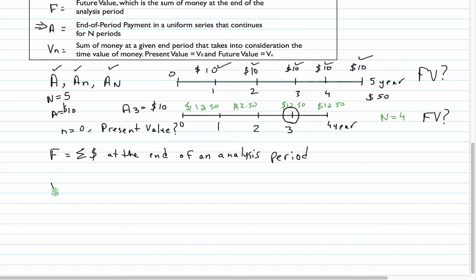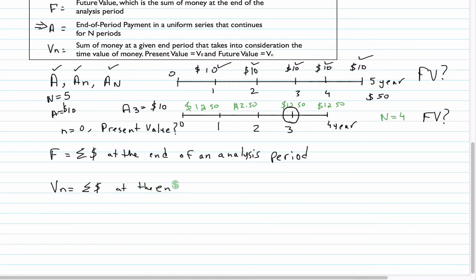That is denoted by Vn, where n is your interest period number, and Vn is basically the future value of this period. So the sum of cash at the end of n period. And remember, V0 is equal to the present value, and V capital N, which is your total number of periods, is equal to the future value.